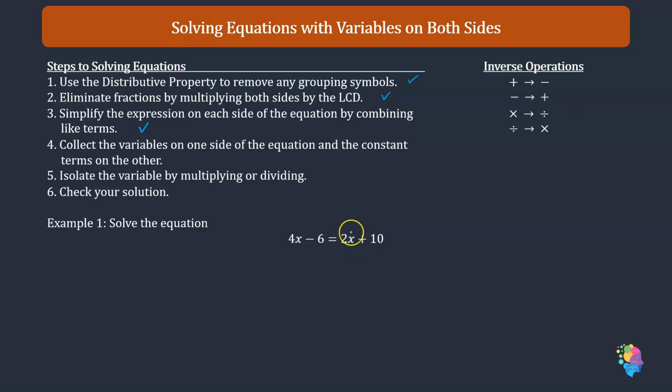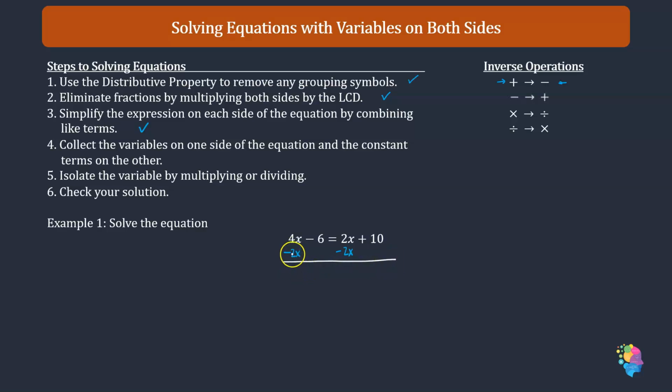I want to move the full term to the left side so that I can collect it with the 4x. Now, this 2x is positive, so I'm going to move it using subtraction. Again, I am moving the full term, the 2, together with the x. So that's why I'm allowed to subtract both sides by 2x.